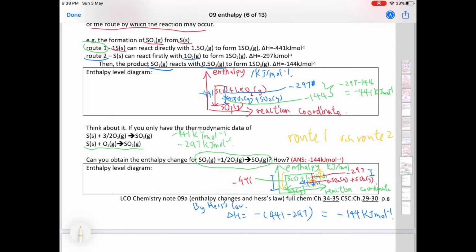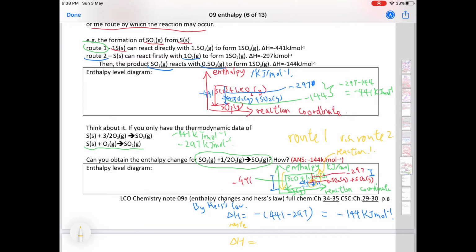Is it okay? And if so, we just need to sum up the enthalpy change of each of these processes, and then you can know the overall enthalpy change. Delta H is our route 1, and for route 2, because we go up first to get back this S and 1.5 O2, for the first reaction we do the reverse, the backward reaction of the first reaction.